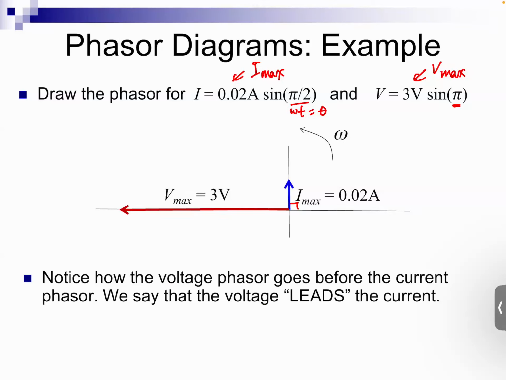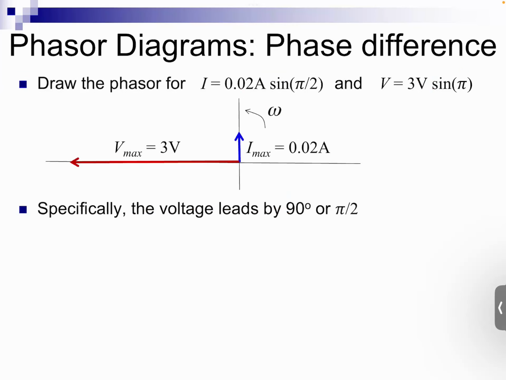And because we are moving in the anti-clockwise direction, that means that the voltage comes first before the current, because we're moving this way. Hence, we say that the voltage leads the current. Specifically, the voltage leads the current by 90 degrees, or pi over 2, because the angle between them is 90 degrees, or pi over 2.